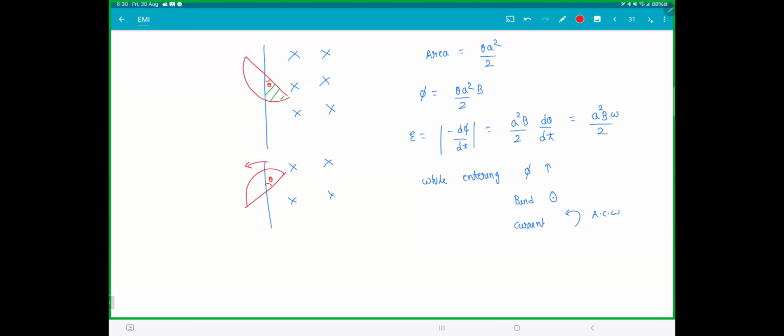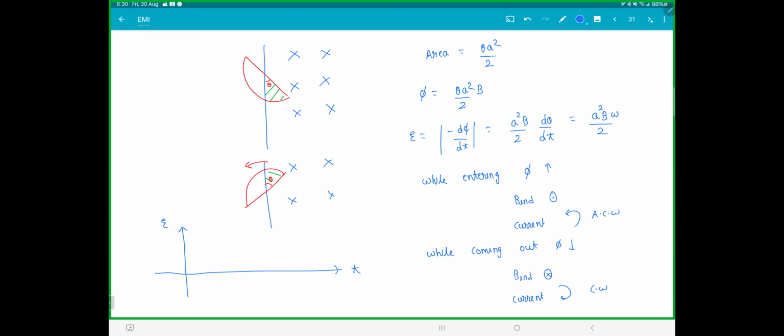It's coming out like this. So now in this case, the flux is decreasing. Magnitude is constant. Now B induced will support the system. So B induced is this way. Current is clockwise.